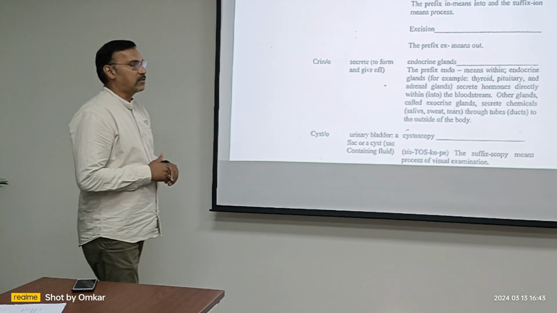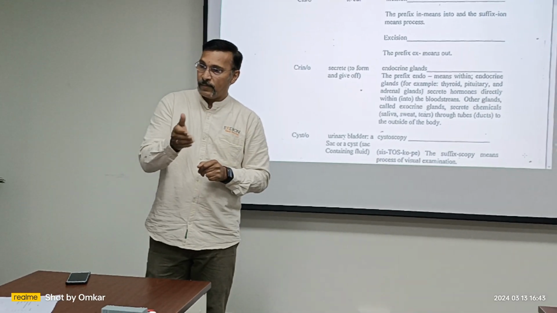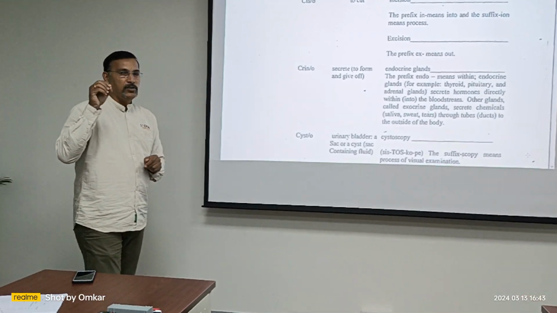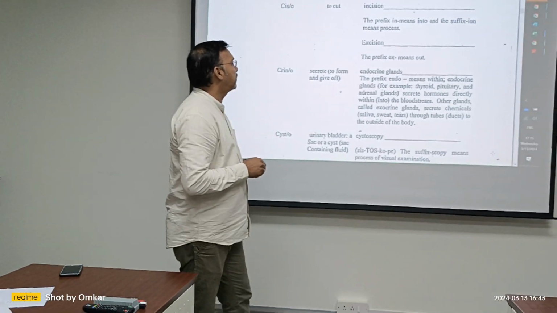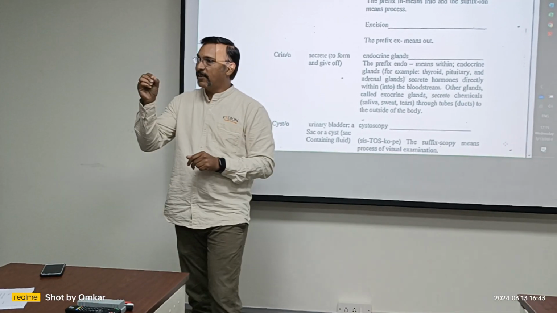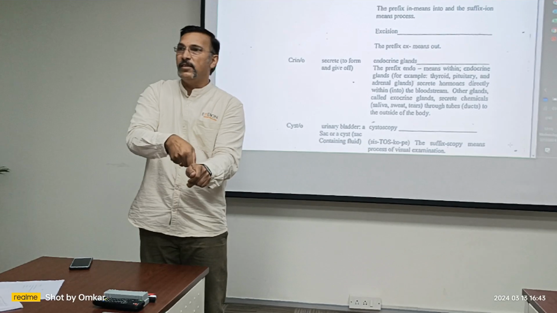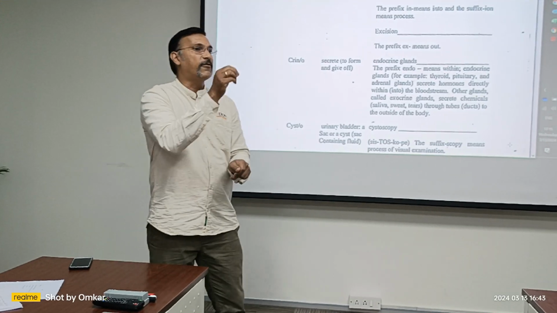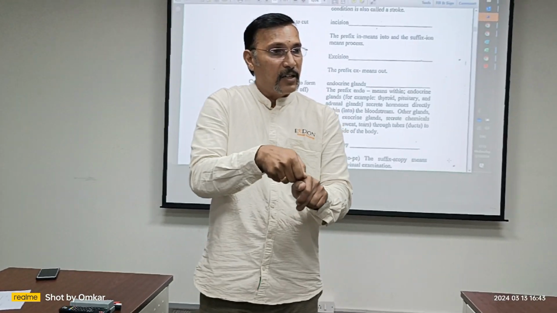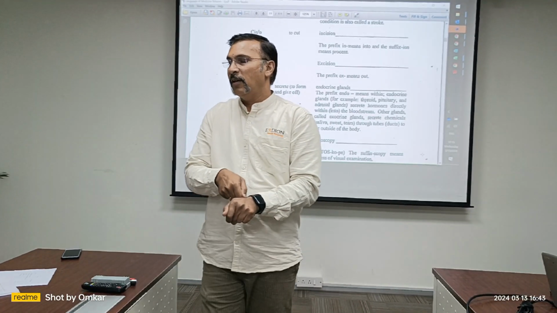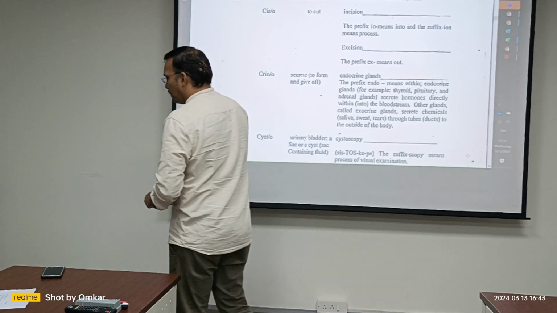Cis means here to cut. To cutting into. Incision means cutting into. The suffix here, incision, is the process of cutting into. Write down: process of cutting into. When you make an incision, why?